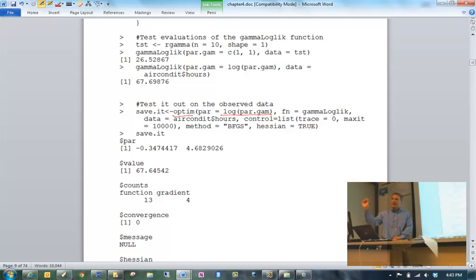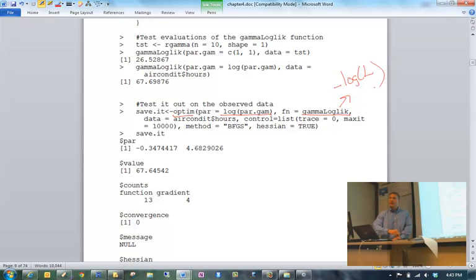So par.gam contains my method of moments estimates. And then since I'm going to work with the log, because of this problem I told you about, I'll use the log function there. Then comes my function that's going to calculate my log likelihood function. In other words, actually it's going to calculate the negative log of L. Remember, optim finds the minimum versus the max.